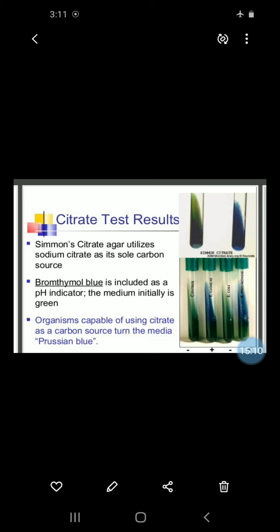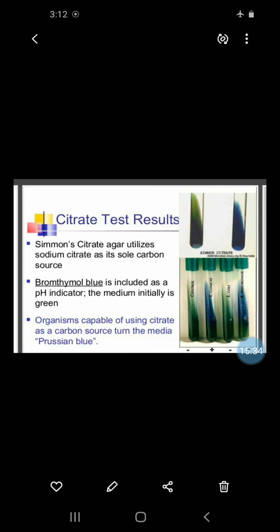Bromothymol blue is included as a pH indicator and the medium is initially green. If the organism is capable of using citrate as a carbon source, it turns the media Prussian blue.